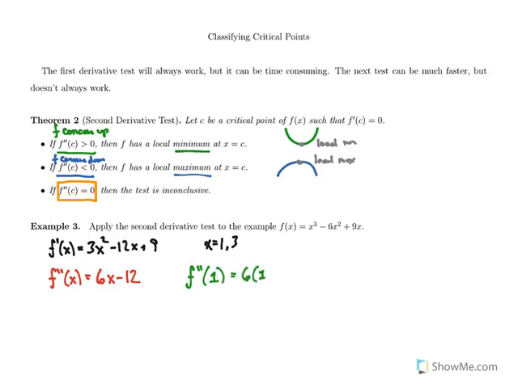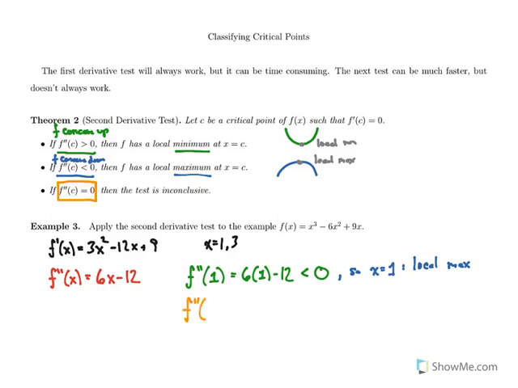In this case, we have 6 times 1 minus 12. That is less than 0. That's a negative number. So therefore, at x equals 1, we have a local max, as it's going to be a concave down function at that point.